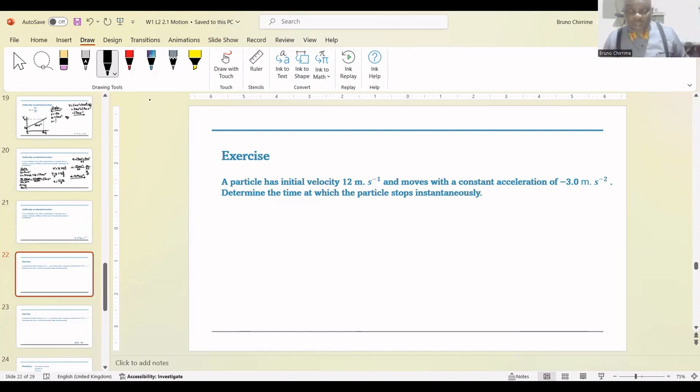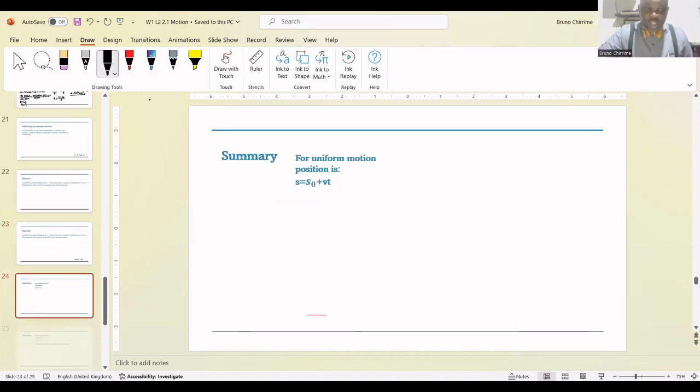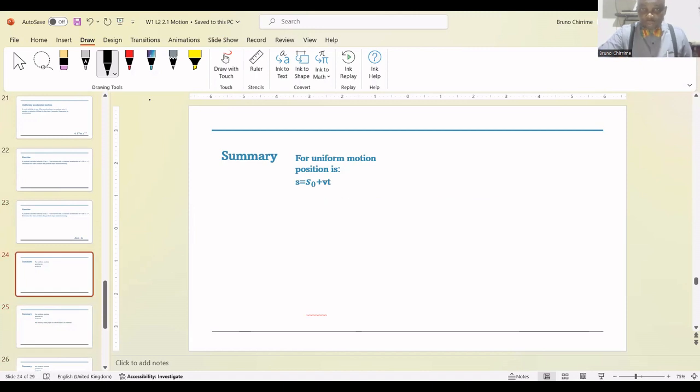Now let's summarize what we just learned. For uniform motion, the position equation is: s equals initial position plus velocity times time. In this case, we assume the velocity is constant, so in a velocity-time graph it will be flat.